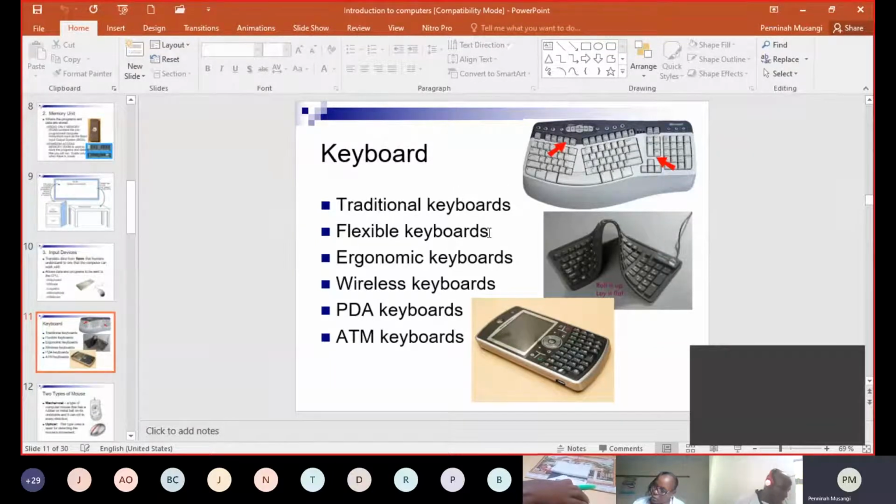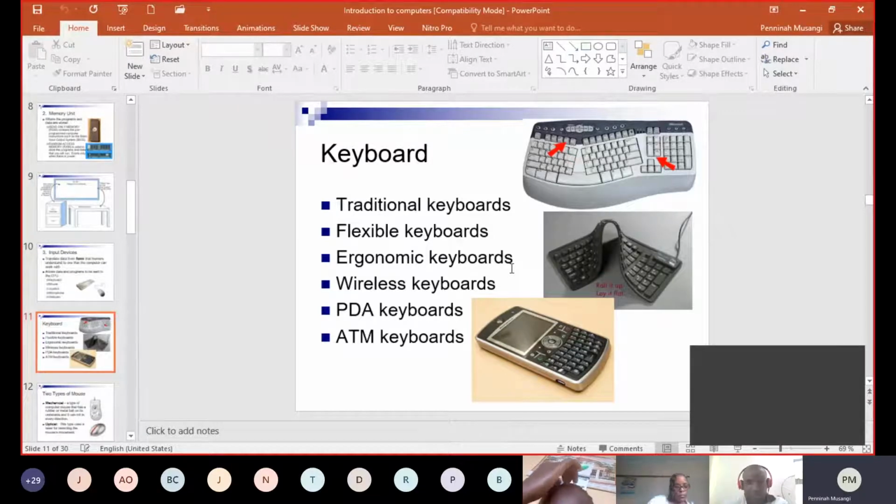We have the flexible keyboards, keyboards which you can roll, you can fold and put in your handbag, and whenever you get to where you want, you fix it. That is a flexible keyboard. We have the ergonomic keyboards. These are keyboards with somewhere to place your palms. I saw it in an ICT museum.